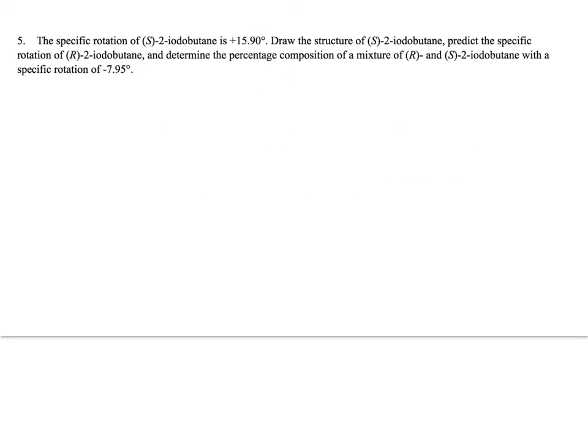The specific rotation of the S enantiomer is positive 15.9 degrees. Draw the structure of the S 2-iodobutane. Okay, so let's go ahead and draw the structure. That's 4 carbons, and on carbon 2 you have iodide. Now, iodide will be priority 1. This will be 2, and this will be 3.